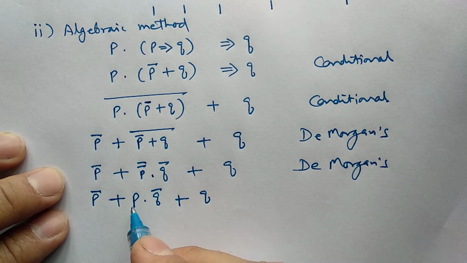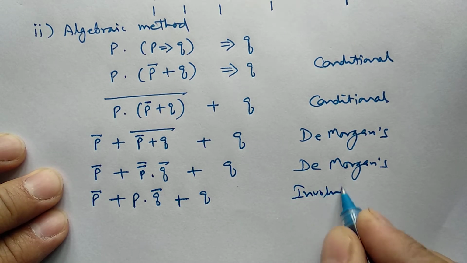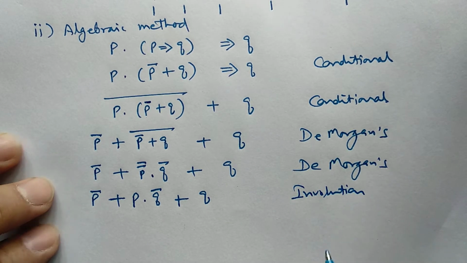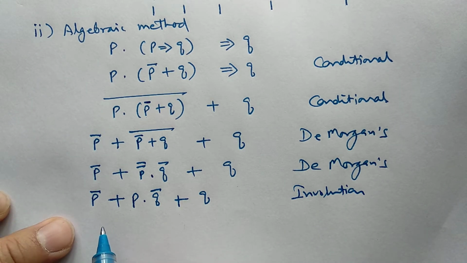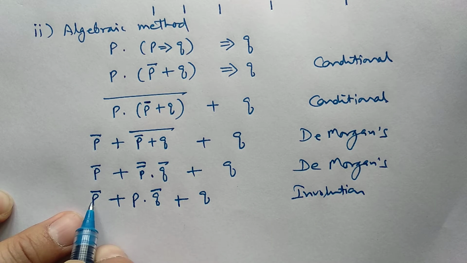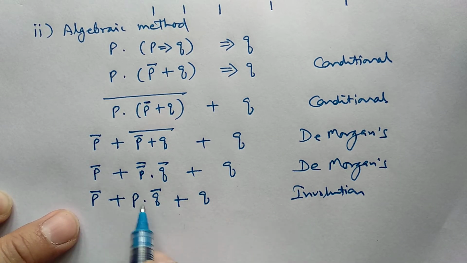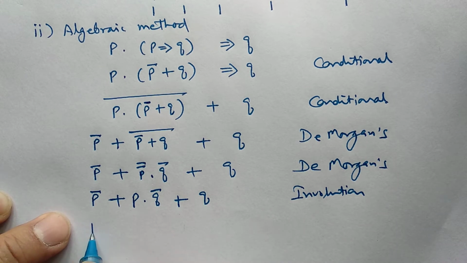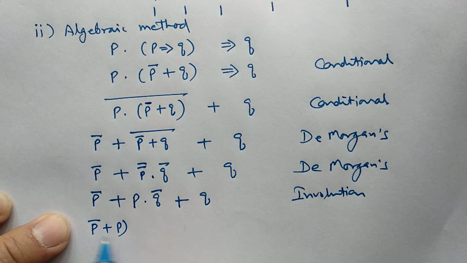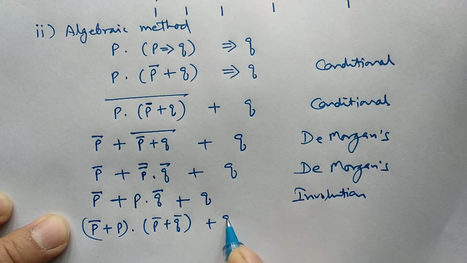P double not is P: this is the involution law. After this, see the not P here and here you have P. You can apply the distributive law and eliminate a P term here: not P or P, and not P or not Q or Q.